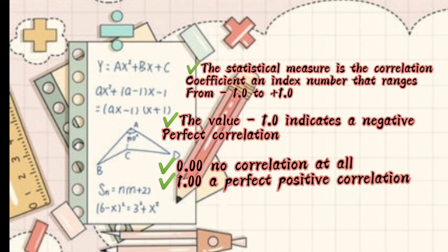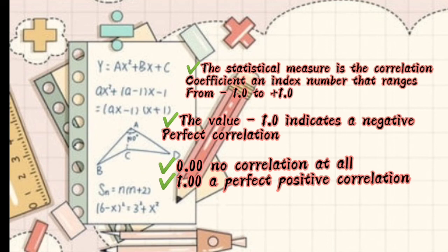The statistical measure is the correlation coefficient, an index number that ranges from -1.0 to positive 1.0. Next is the value -1.0, which indicates a perfect negative correlation. Next is 0.00, no correlation at all. Next is 1.00, a perfect positive correlation.